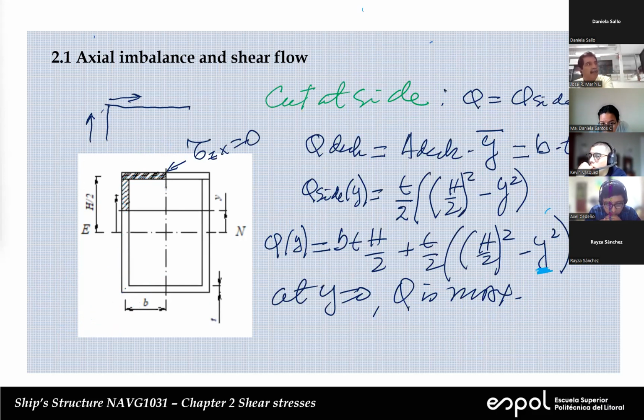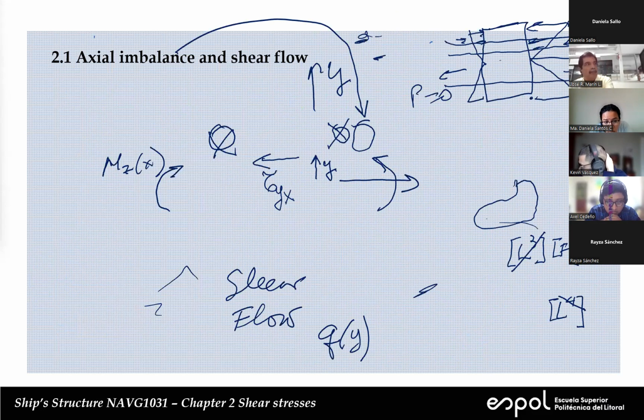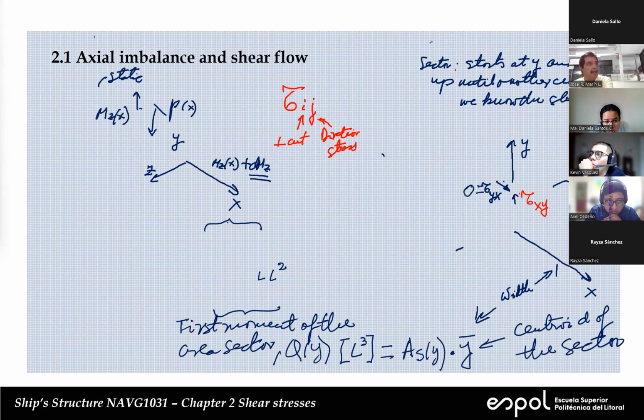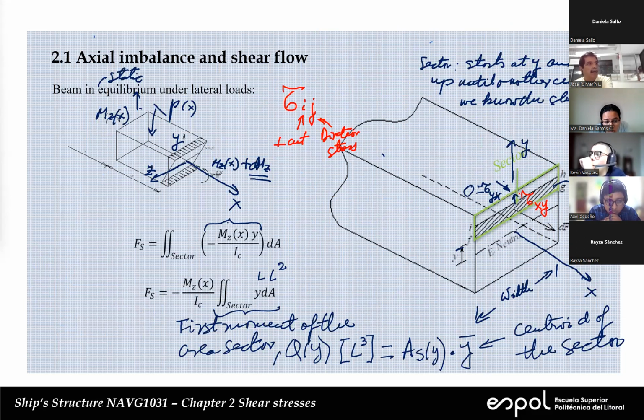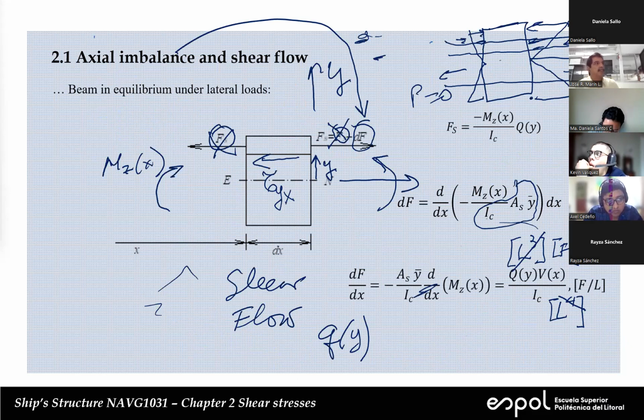Because remember, let me go back. Something I explained before, okay? The integration of the stresses on the whole section has to give us 0.